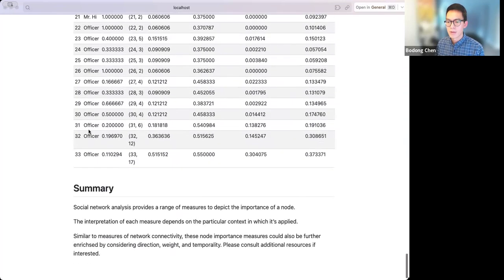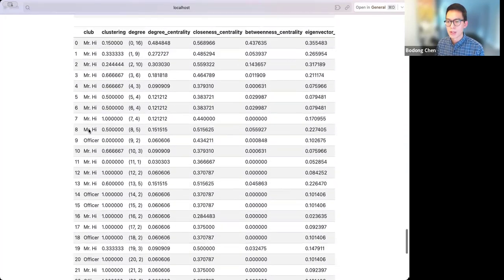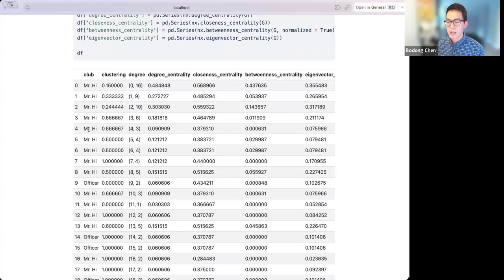And here, starting from this data frame, you can potentially do some more interesting analysis by looking across different centrality measures, or combining different centrality measures with other types of attributes of the nodes to conduct more sophisticated analysis that can help you answer questions.